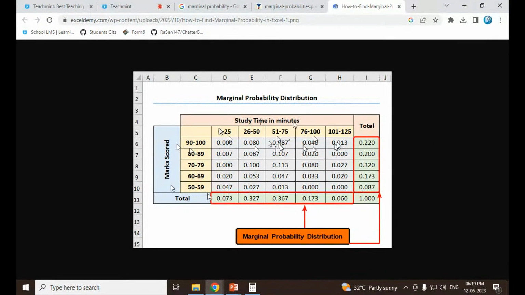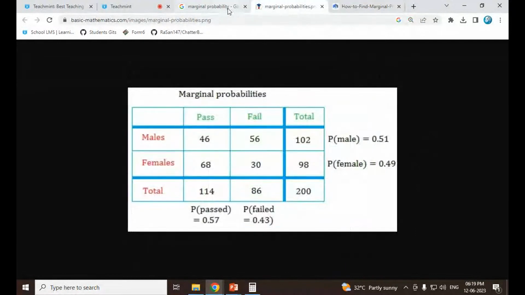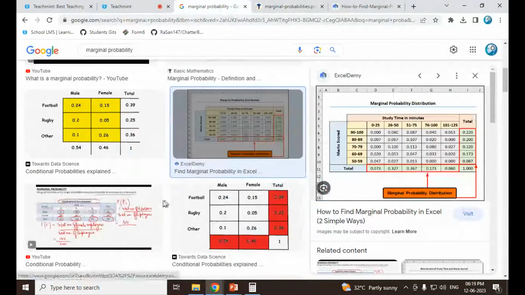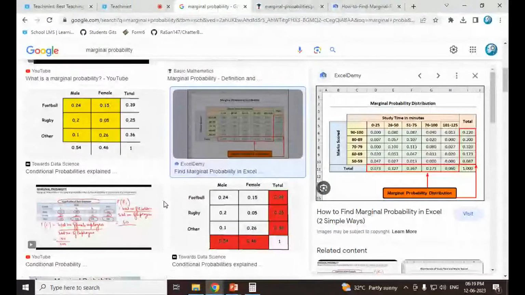Individually they have studied, right? So all the variables have been considered here, and that is considered the marginal probability. Here we have calculated totals with respect to the marks scored, and we have the marginal probability. So every time we have to take the total row and total column, and a single column value we have taken.